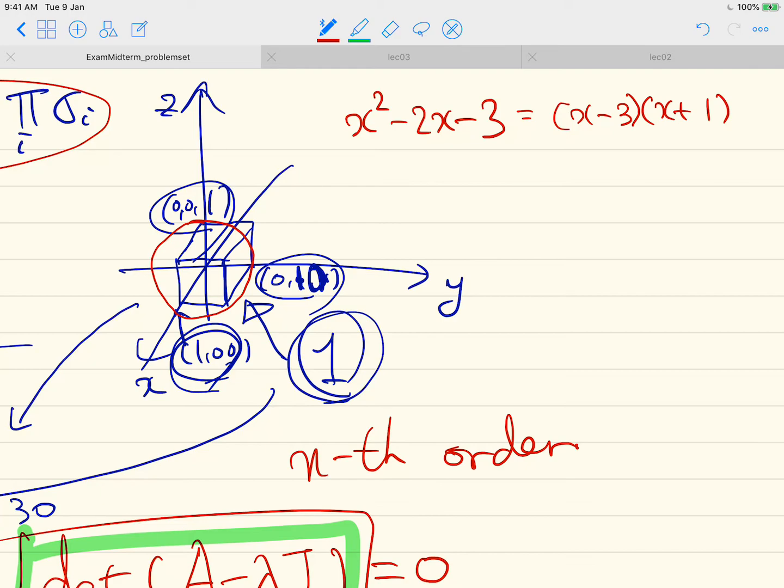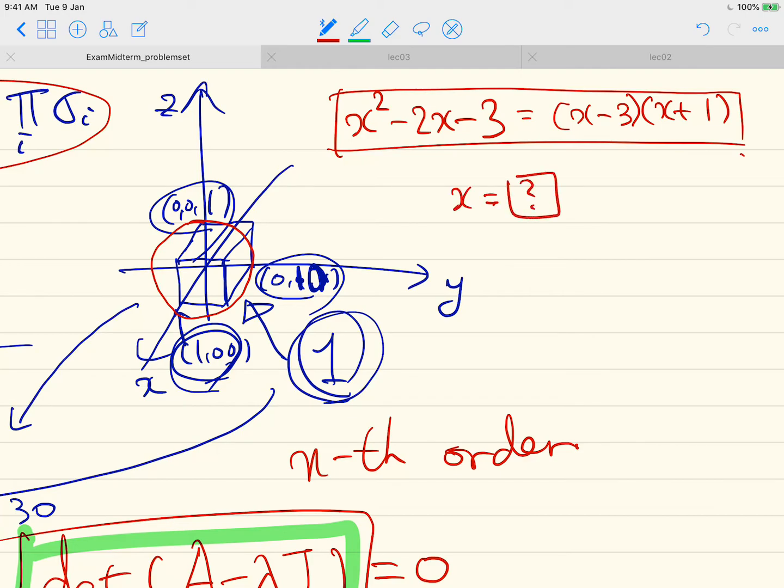And this equation is always true for any value of x, right? For example, if x is 1, it will produce 1 times 2 times 3, and thus it is -4.